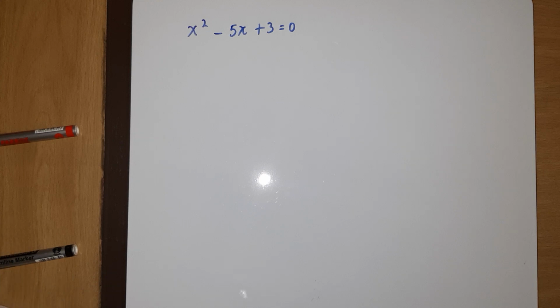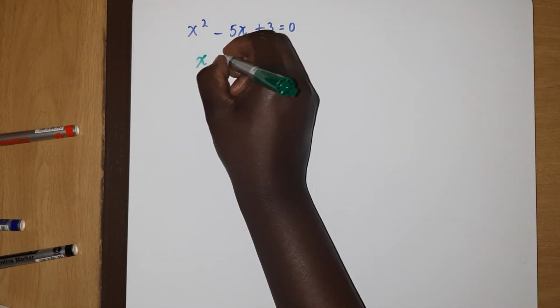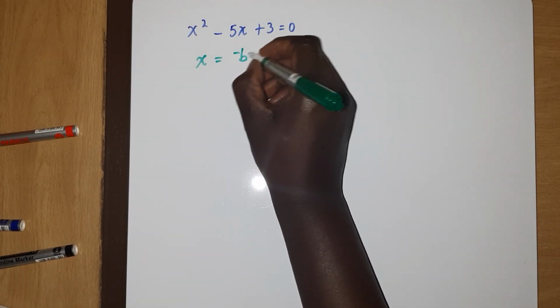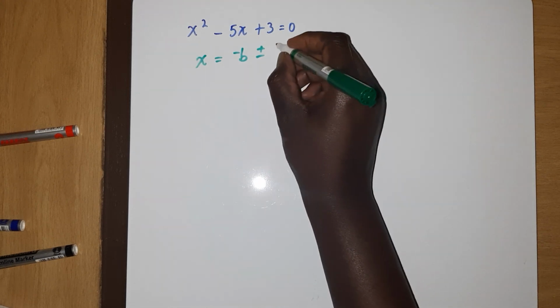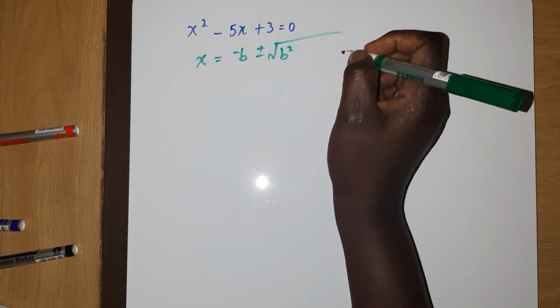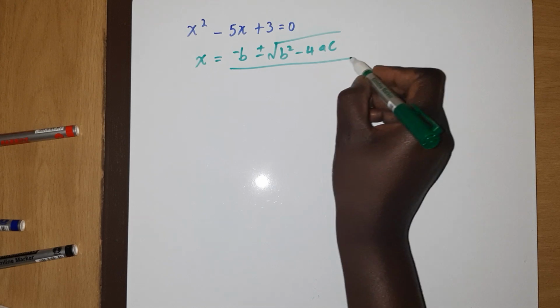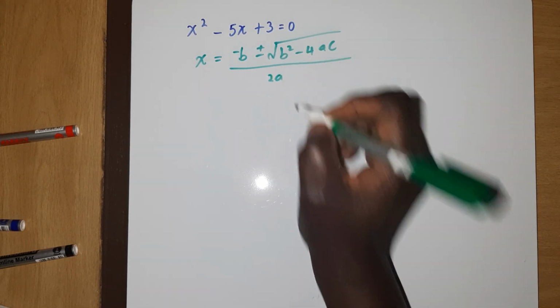Okay, so given this quadratic equation, if we were asked to find the roots using the quadratic formula, what would we do? We write out the formula. It's x equals minus b plus minus square root of b squared minus 4ac, all over 2a.